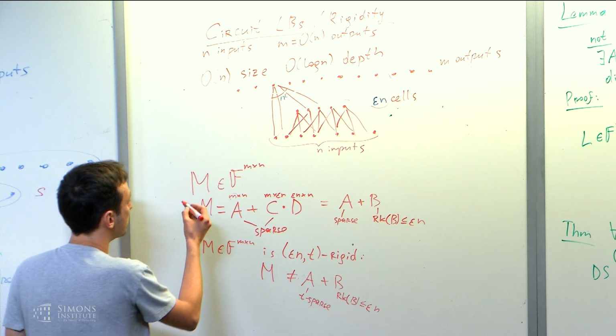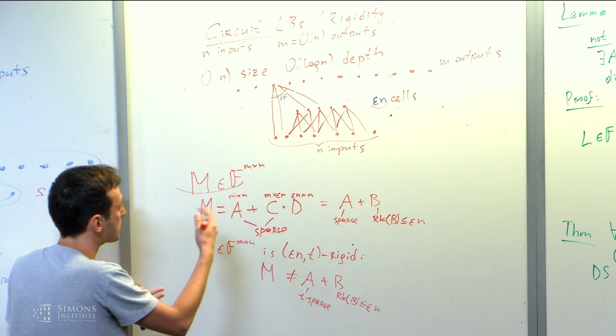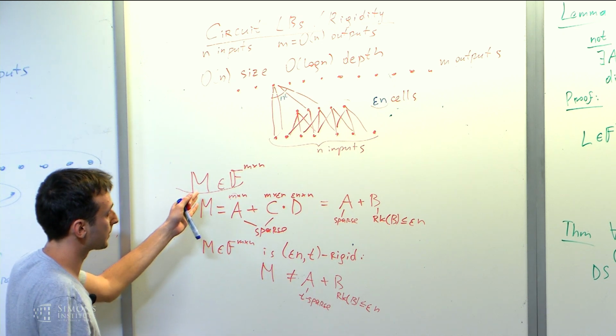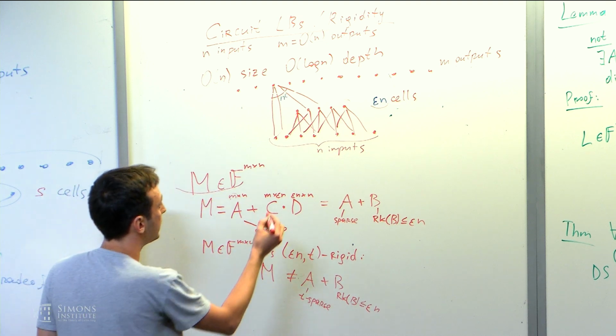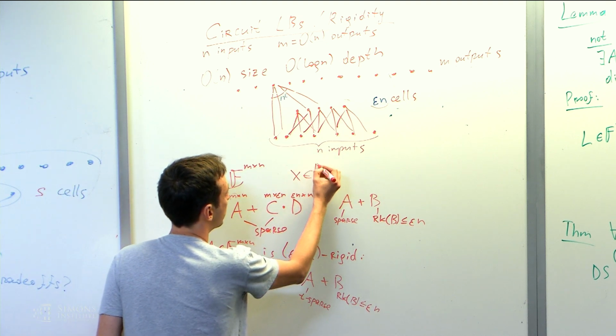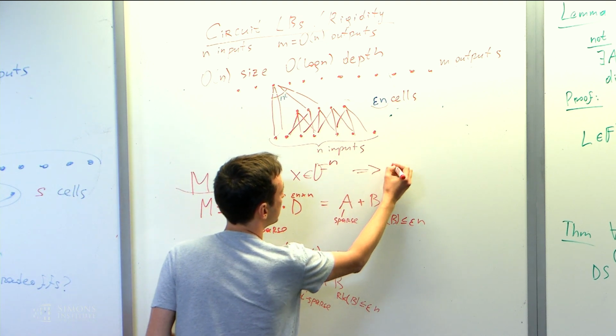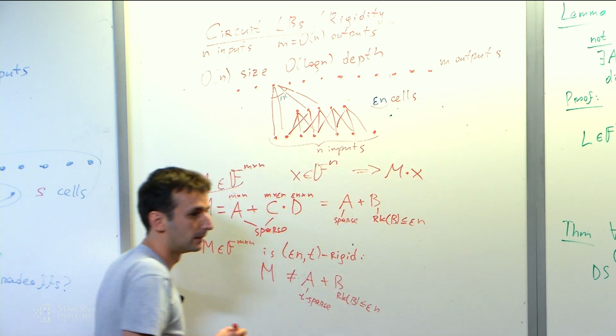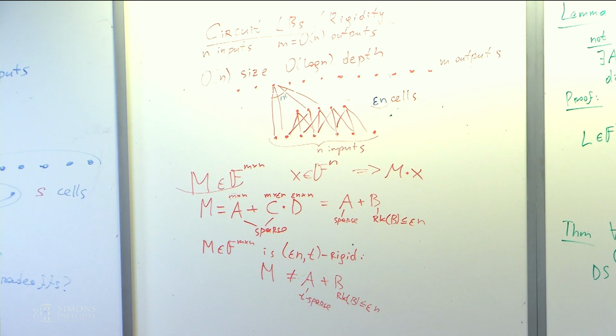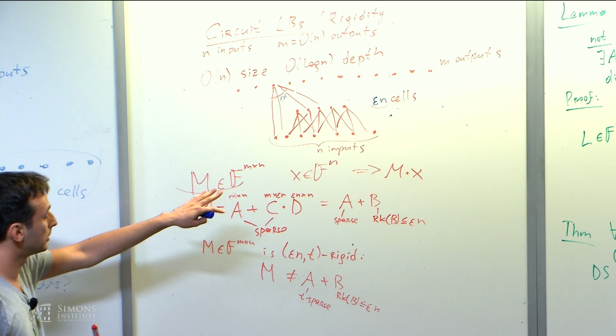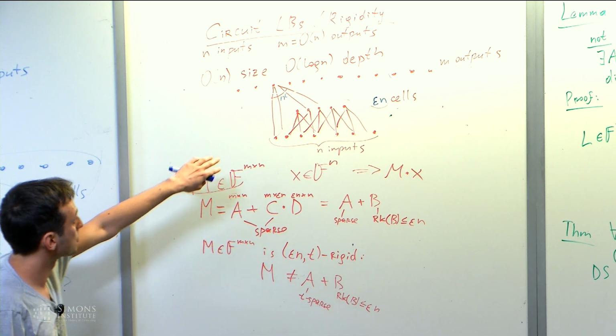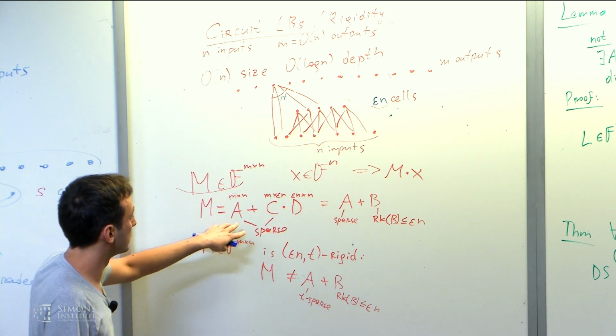Say you want to compute a circuit which computes multiplication by matrix M. That is, it takes a vector x from F to the n, and it outputs M times x. Then any circuit of linear size and logarithmic depth which computes such a linear map can be written as the following sum.